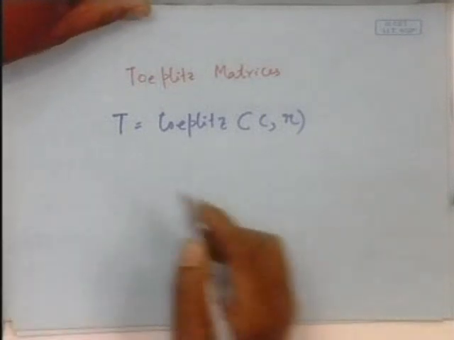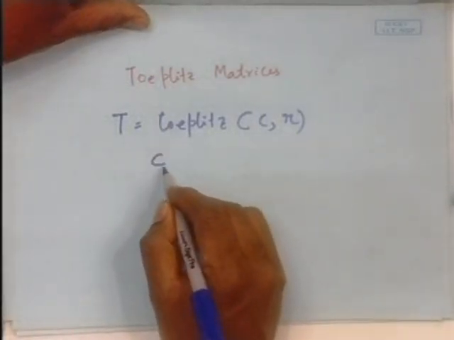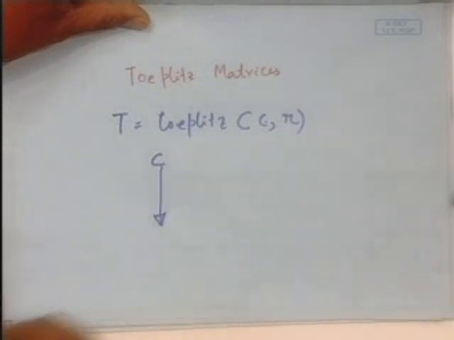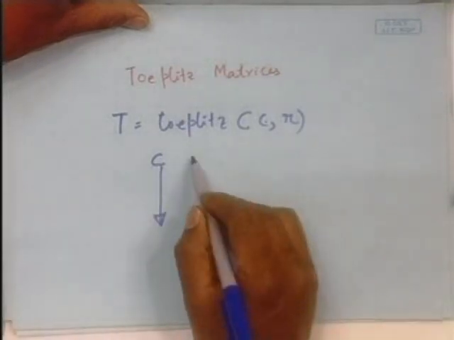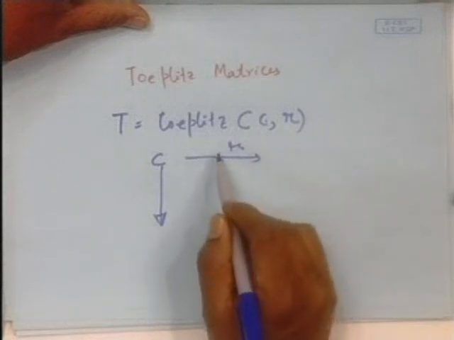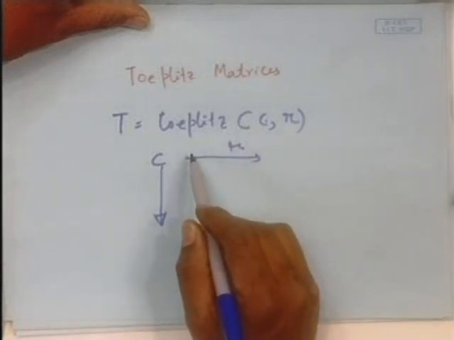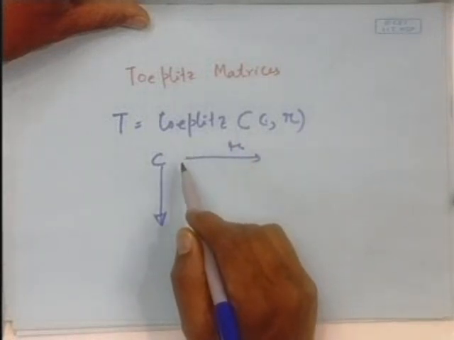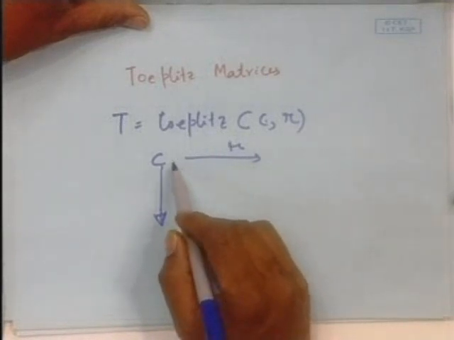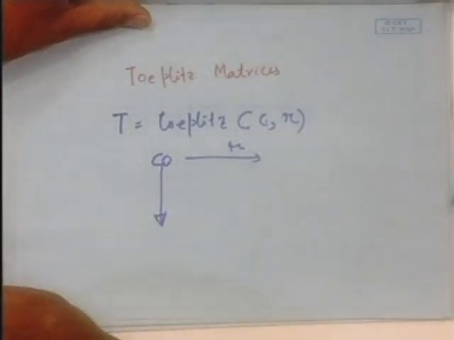The vector C will become the first column, and R will be the first row. If the first element of R and the first element of C do not match, then the first element of C will be used.